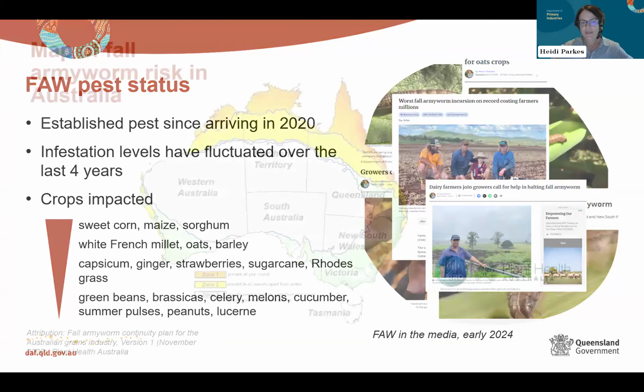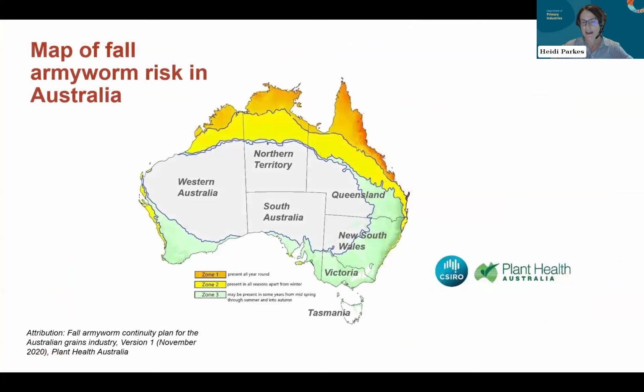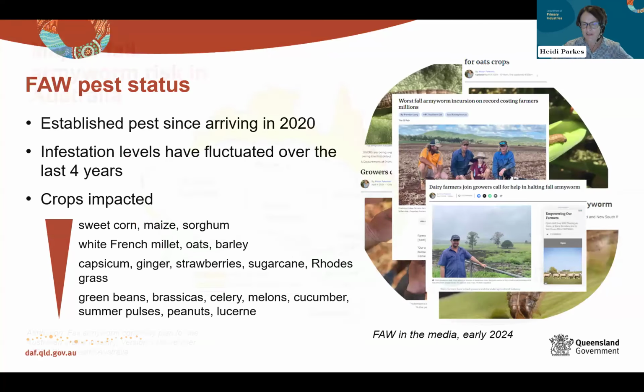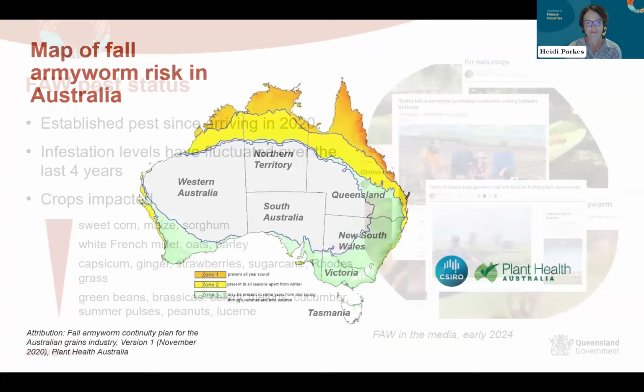So to date, the most affected crops are sweet corn, maize and sorghum. White French millet, oats and barley have been affected to a lesser degree, and there's a growing list of crops like green beans and brassicas and so on, where fall armyworm has been found, but the level of impact is uncertain. So next slide, please.